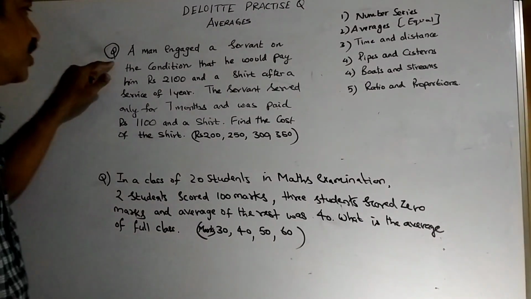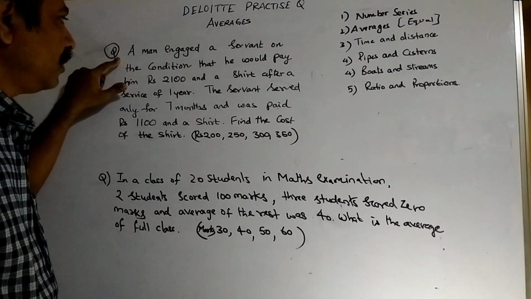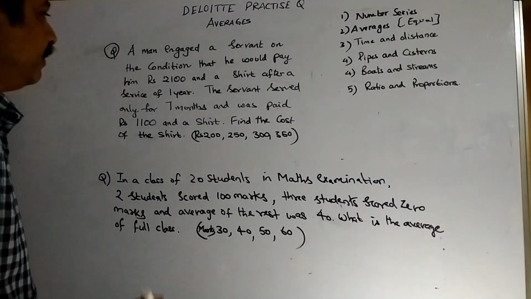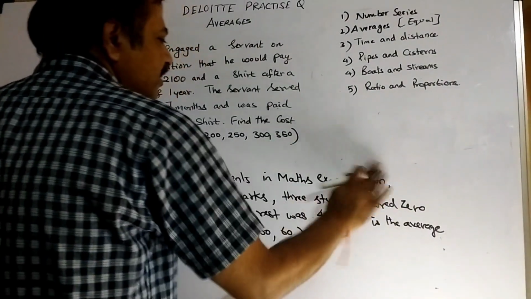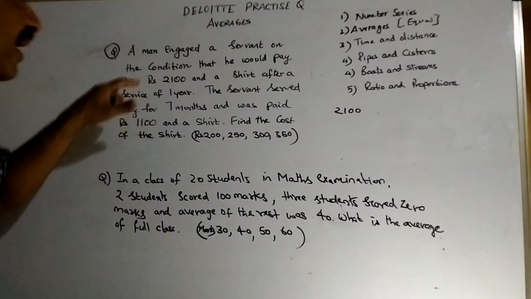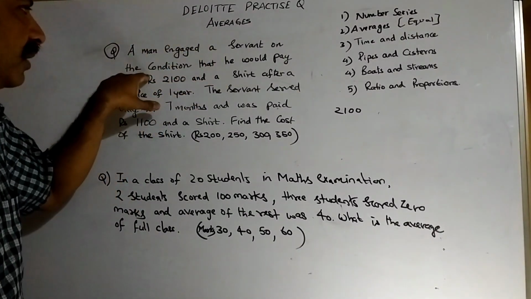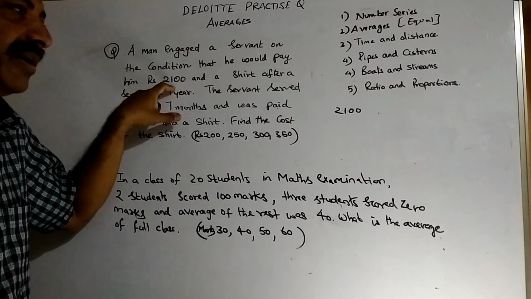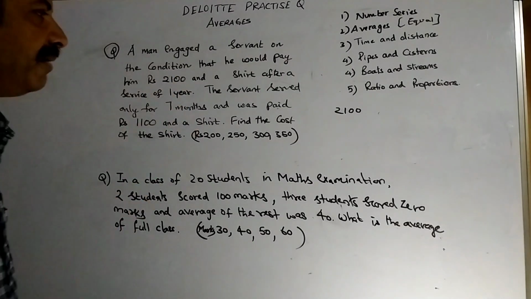A man engaged a servant on the condition that he would pay him 2,100 rupees. I am solving it here, dear students. A man engaged one servant on some work. What is the condition? He'll pay 2,100 and he'll give a shirt.